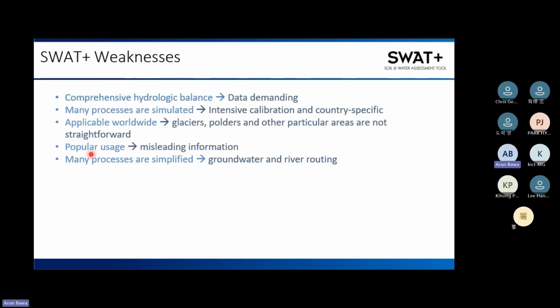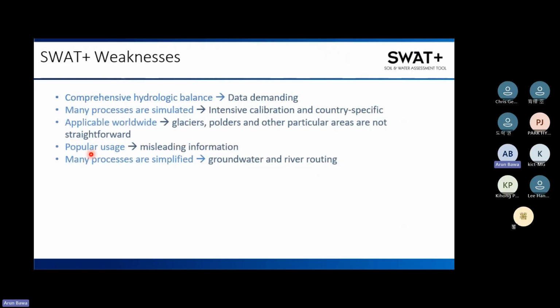Another one is that it is popular. Many people are using it, more than 7,500 users. But I have seen people use it in any way, just to get their response. They can do anything. So use only trusted sources, especially our SWAT website.